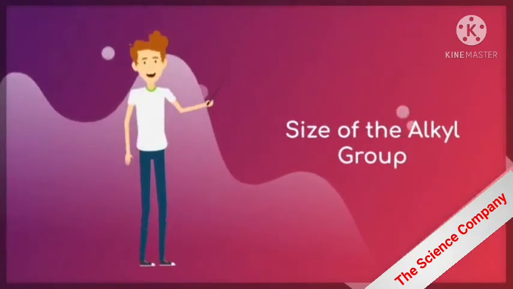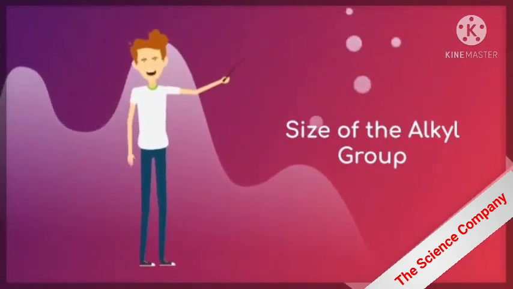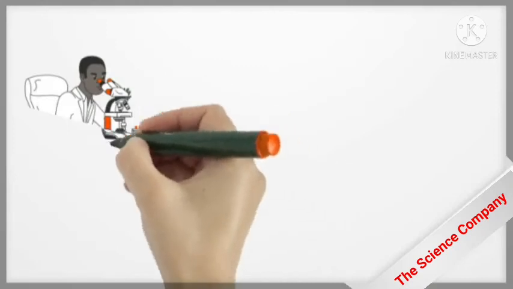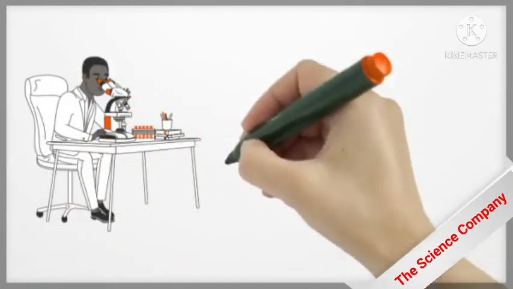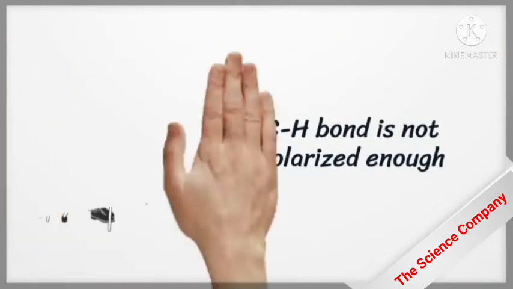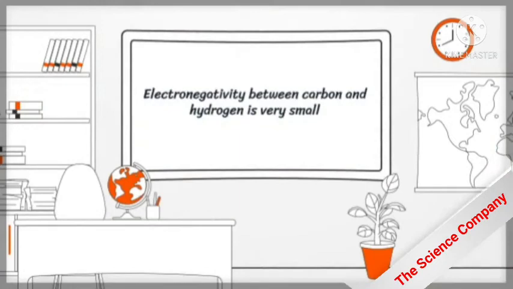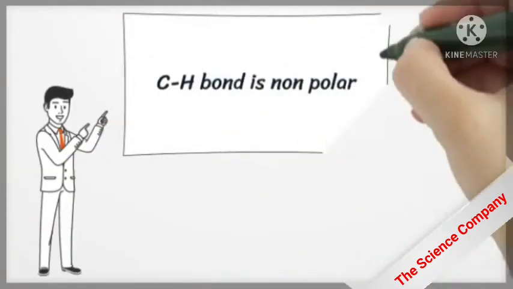And the next factor which affects the solubility is the size of the alkyl group. The carbon-hydrogen bond is not polarized enough to make hydrogen bonds because the difference of electronegativity between carbon and hydrogen is very small. Therefore, carbon-hydrogen bonds are non-polar.